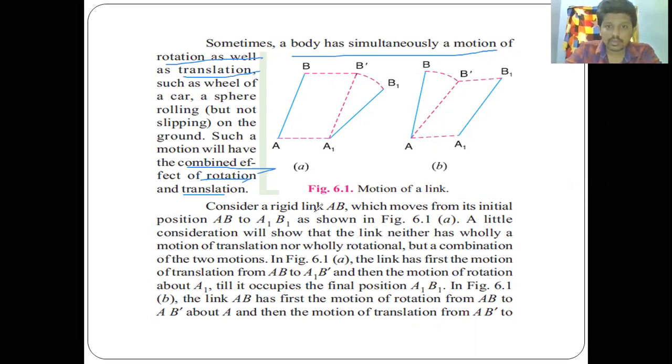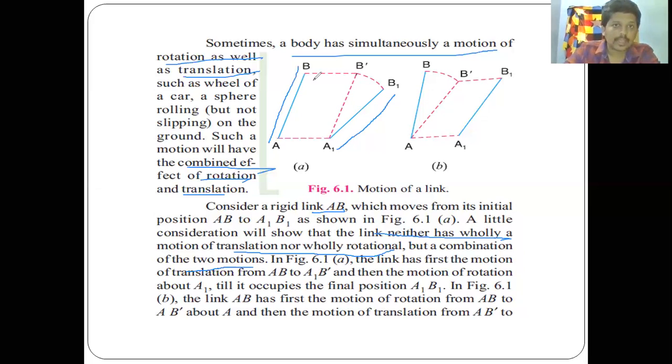We are taking a simple link here, which is AB. You can see the AB link here, which moves from the initial position AB to the final position A1 B1. That link is neither completely translational nor completely rotational, but a combination of both motions.